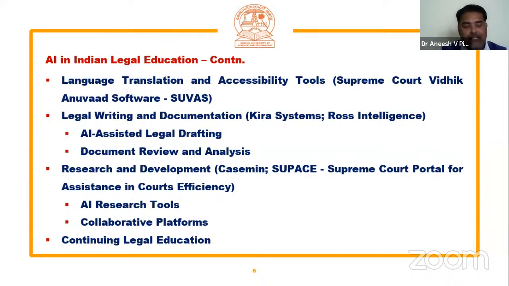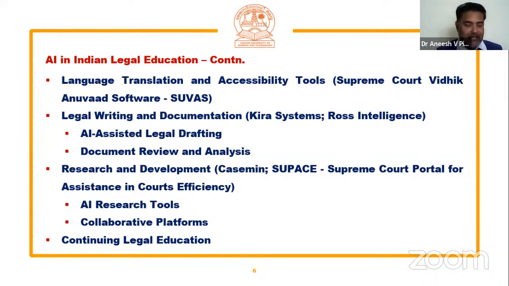Then finally, with respect to legal education, for continuing legal education also, one can use AI, or AI can significantly influence continuing legal education. That means even after completing your course, if you want to know about the latest updates in a particular field, like some of the students after LLB, they will join the bar, but they may practice only on the civil side.